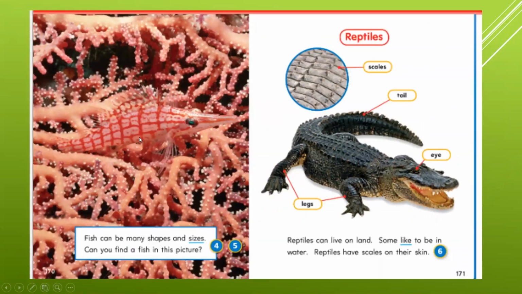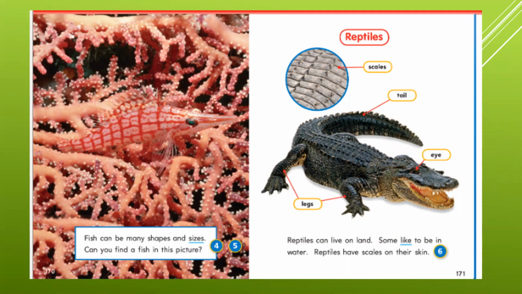Here he is asking about fish. What do you notice from this photo? I can find this kind of fish is the same color as the other things around it. That's why it's very difficult and hard to find the fish.